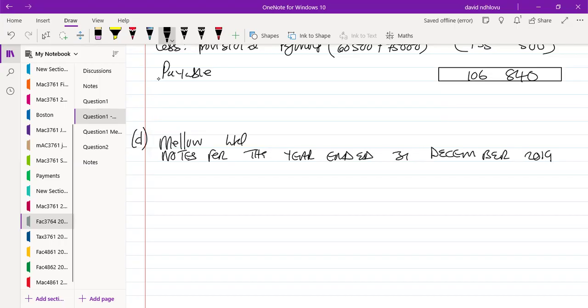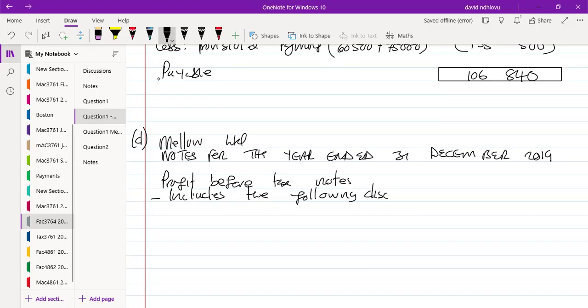Then you say profit before tax note. So this is disclosed under the profit before tax note. And then you say profit before tax includes the following disclosable items.